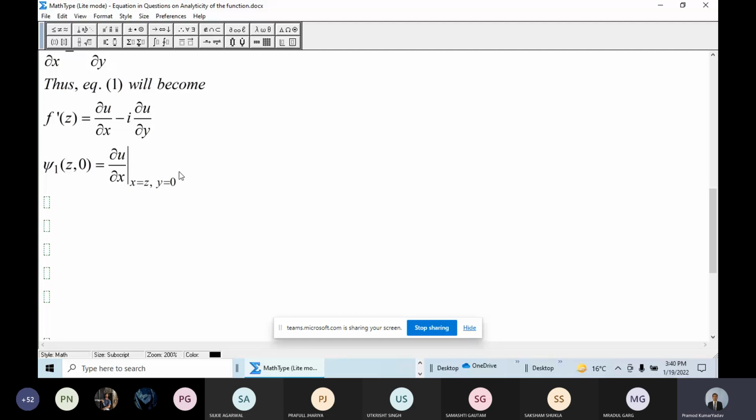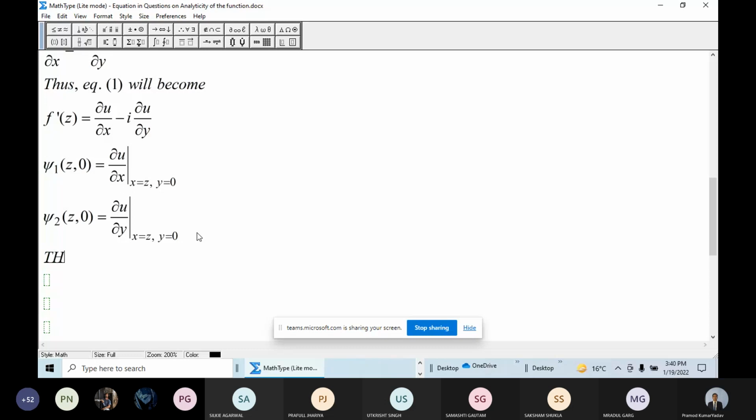And what is psi2? At the same time, some other function is psi2. So psi2 z0 is del u by del y, again at x equal to z and y equal to 0. So what is going to happen?